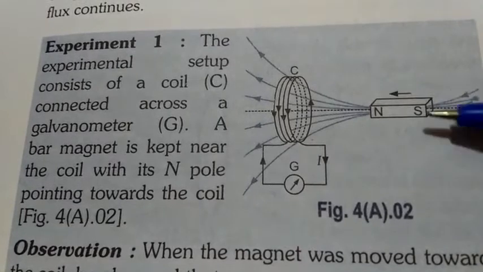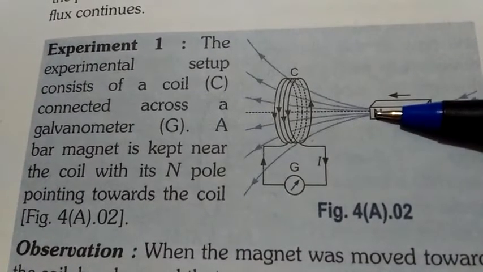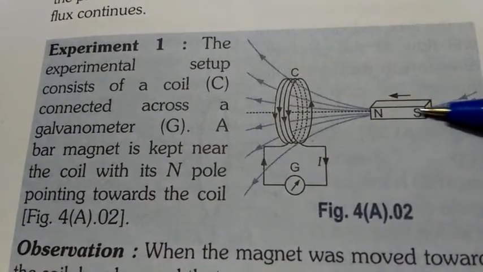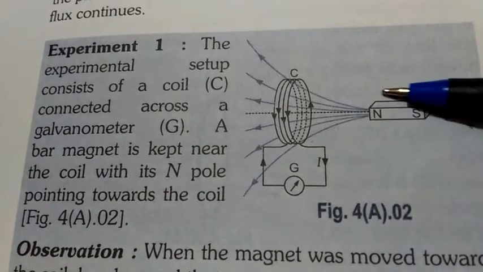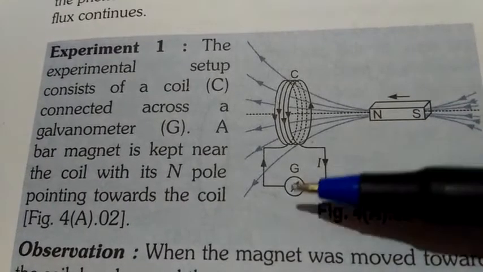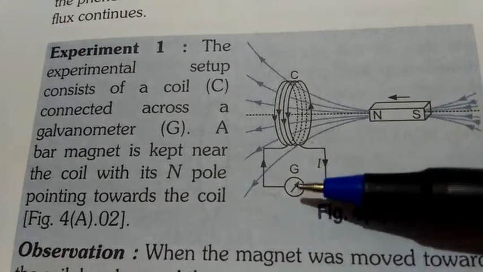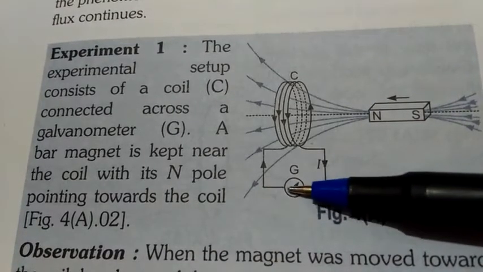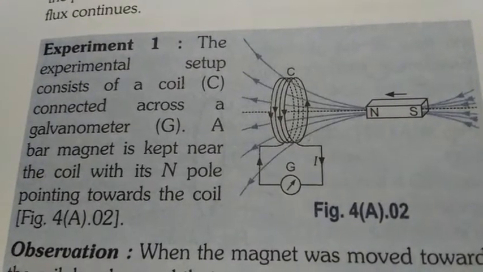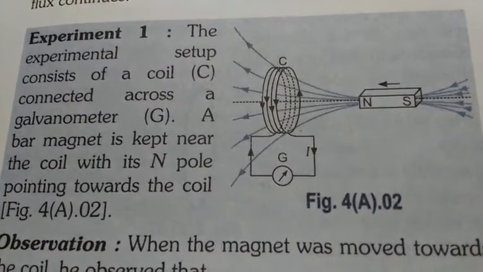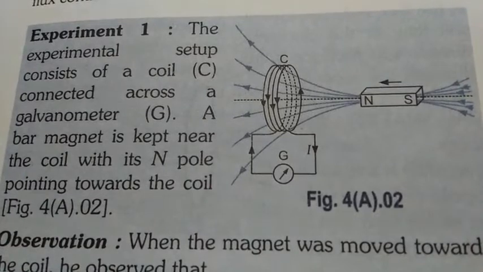Okay, and suppose we move this bar magnet in the opposite direction. Right now this is the direction; if we start moving it in the opposite direction, we see in the galvanometer that the deflection is on the left hand side. So when the bar magnet is stationary there is no deflection in the galvanometer.